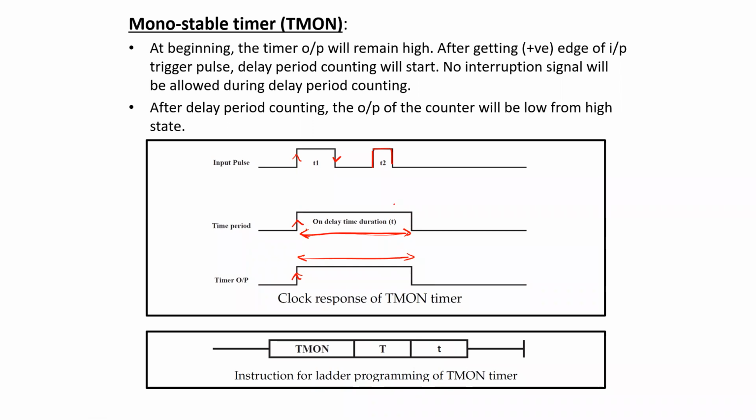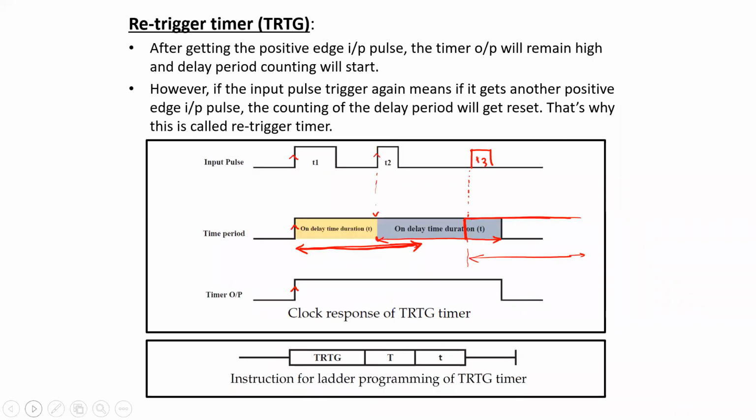Okay, according to this diagram, the delay count has been initiated. What will be the effect of this other input pulse? Will there be any effect? No, sir. The timer will continue its count. It will continue. And in case of the retriggering timer, what will happen?